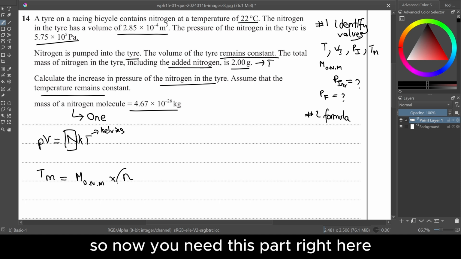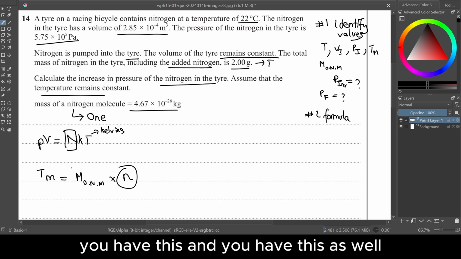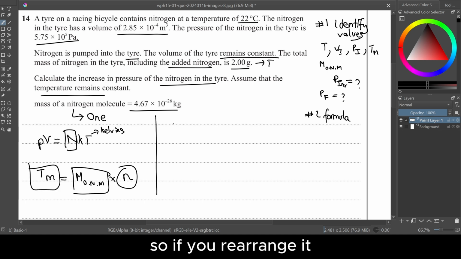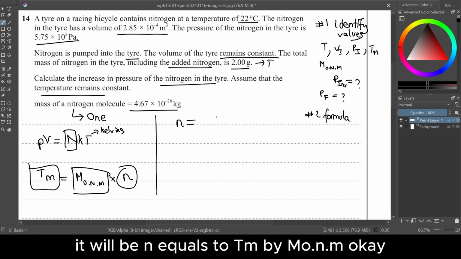Now you need this part right here. You have this and you have this as well. So if you rearrange it, N equals Tm divided by m0.